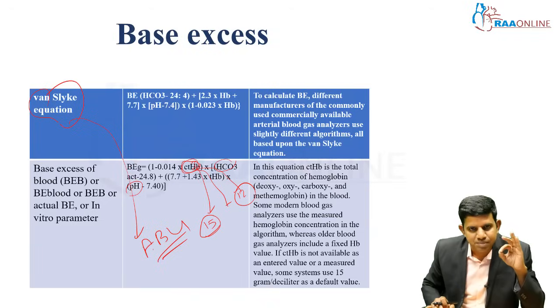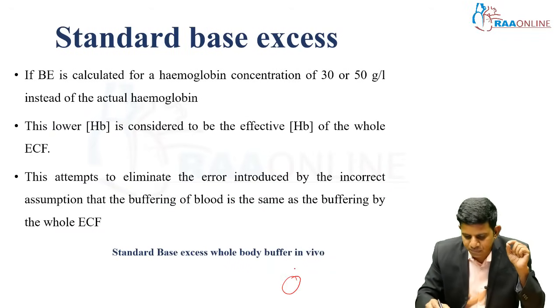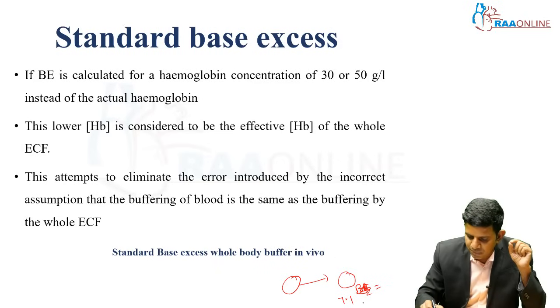Okay. So, there is some problem here. What they did, for the base excess, is they took a blood sample from the patient's blood in vitro. For example, they check the pH of, say, 7.1. What they did was they added bicarbonate to bring the pH to 7.4. This is my normal pH.